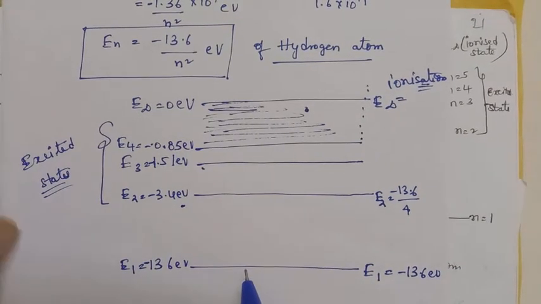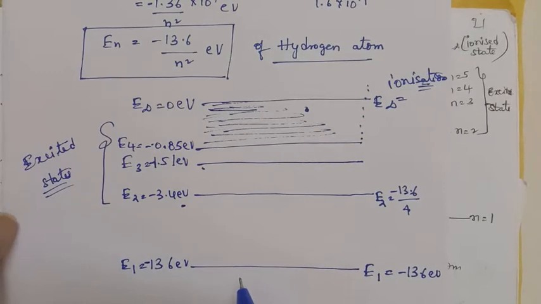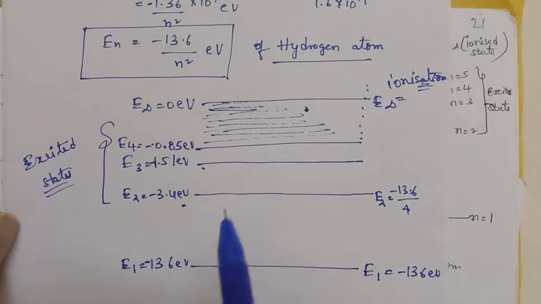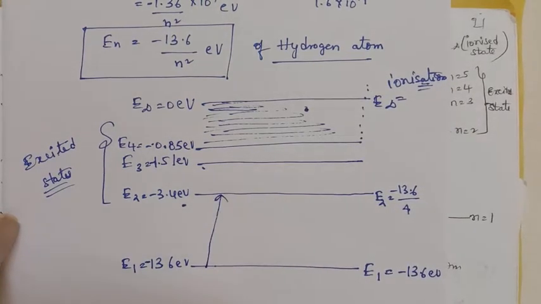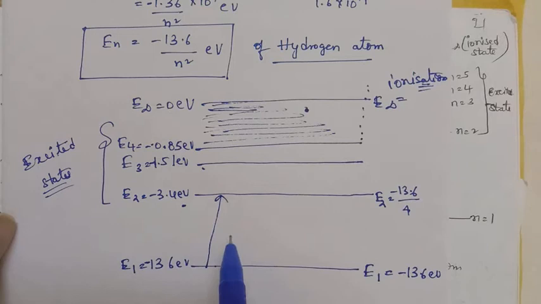Suppose the electron jumps from the ground state to the first excited state. At that time how much energy is required? What is the energy gap between these two?